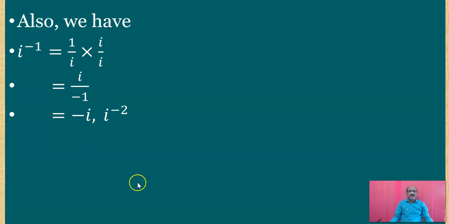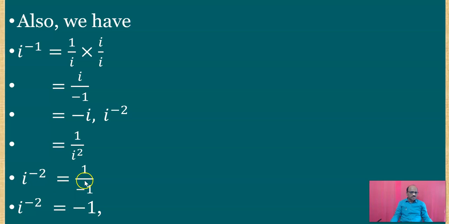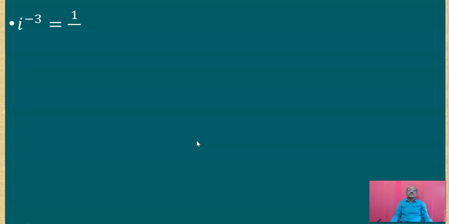i raised to minus 2 is again written as 1 upon i square. And what is the value of i square? i square is minus 1, and hence, see this here, i raised to minus 2 is equal to 1 upon i square, which is 1 upon minus 1, and overall the value of i raised to minus 2 is minus 1. i raised to minus 3 is 1 upon i raised to 3, and it is written as i square into i, but i square is minus 1.